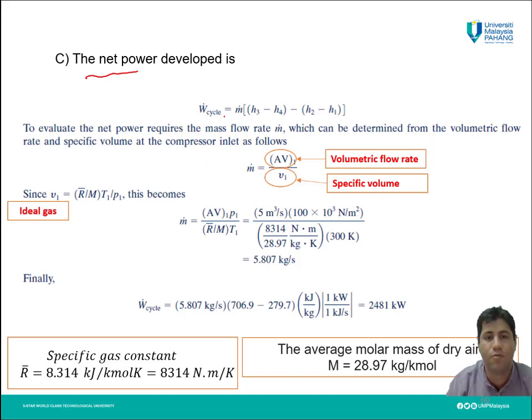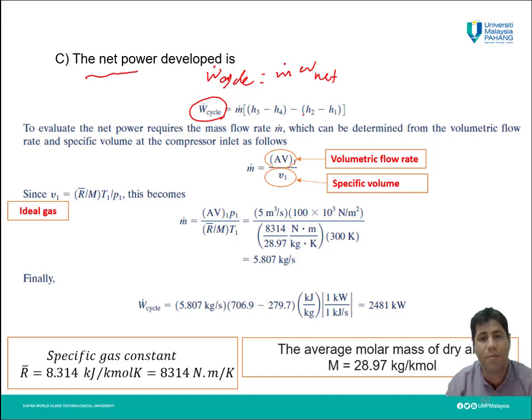To calculate that, we need to find W dot of cycle, the work output of the cycle. Simply, W dot of cycle is equal to m dot times W net of the cycle.